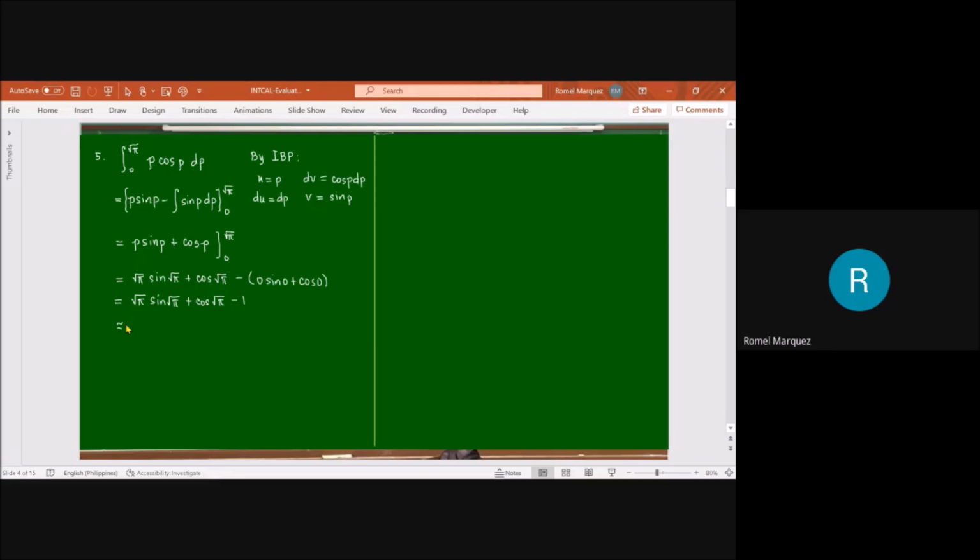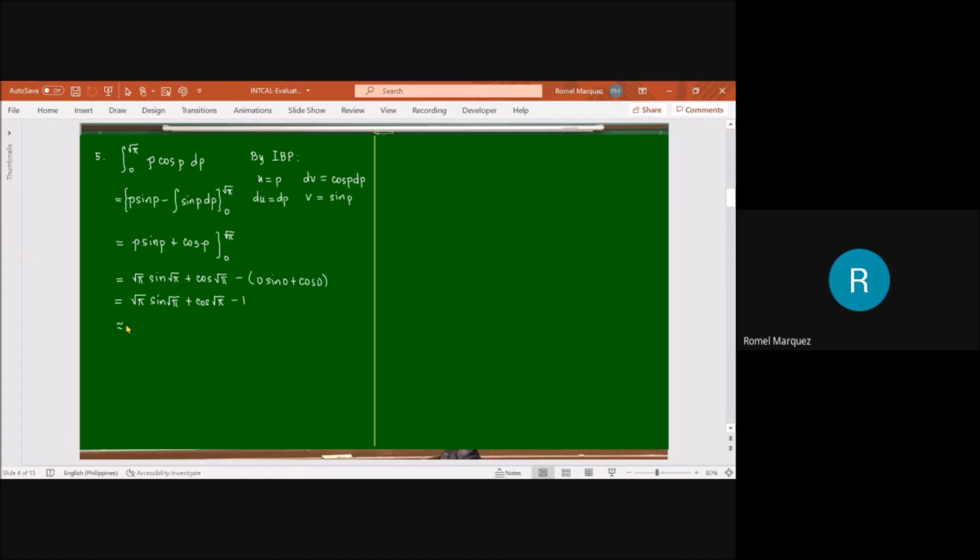So again, square root of pi times sine of square root of pi. So this is supposed to be in radian measure. How will I change this to radian measure in my calculator? Check my value, guys, huh?